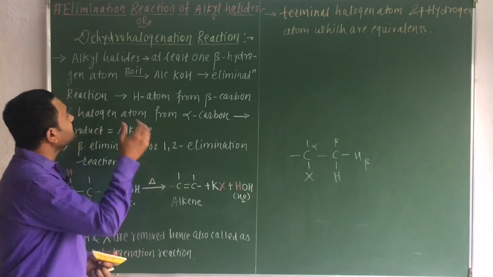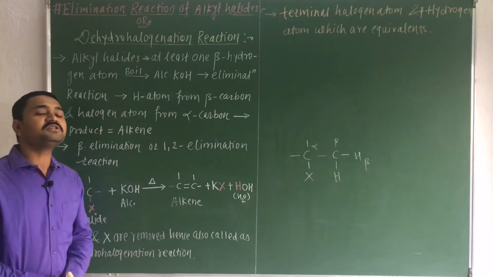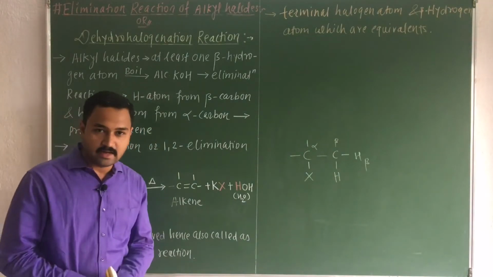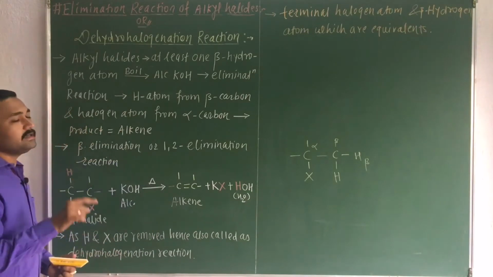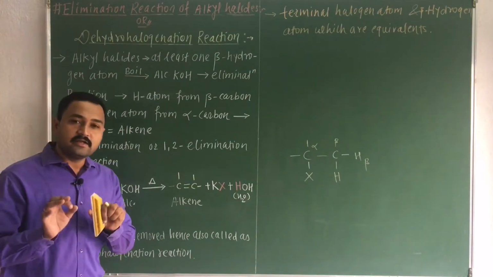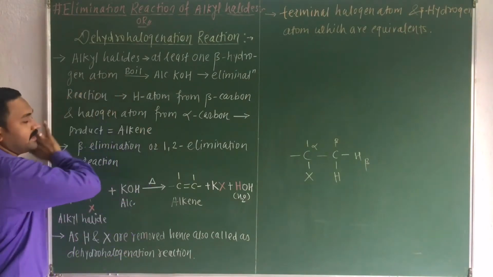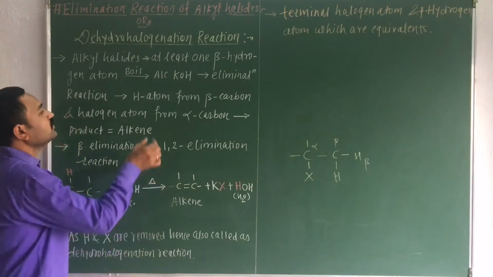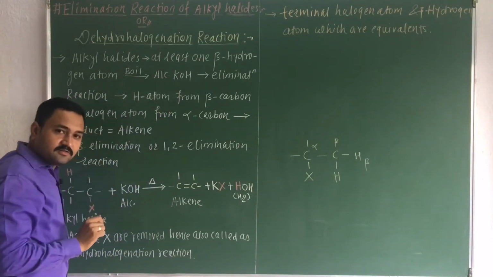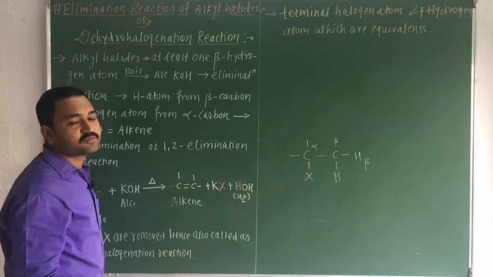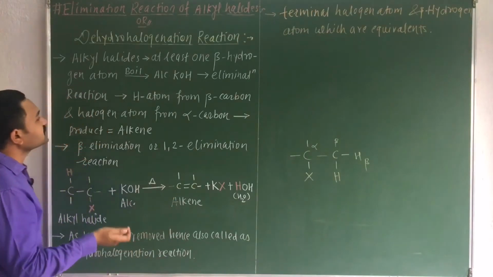Now we will consider how the elimination reaction takes place in alkyl halides. Remember, when an alkyl halide containing at least one beta hydrogen atom is boiled with alcoholic KOH, the elimination reaction takes place. And how does it take place?